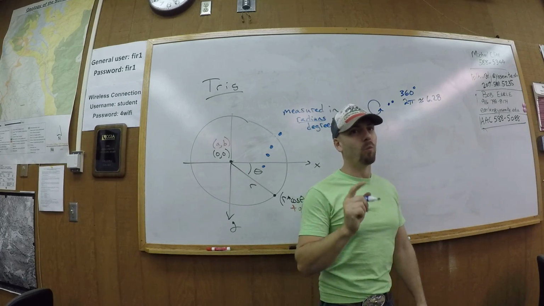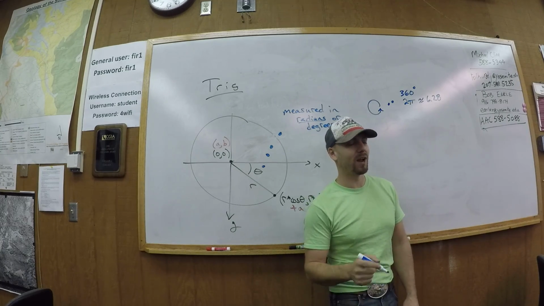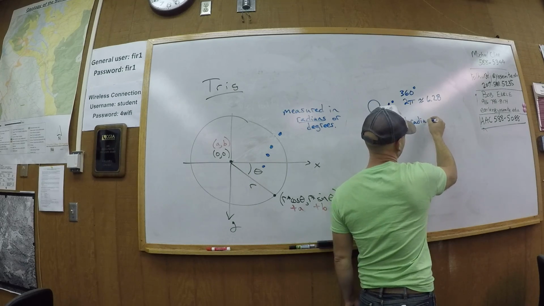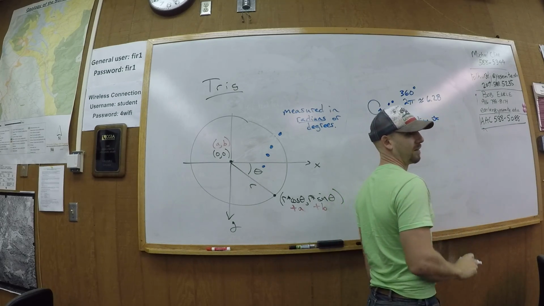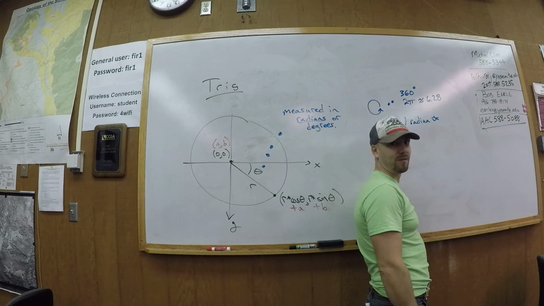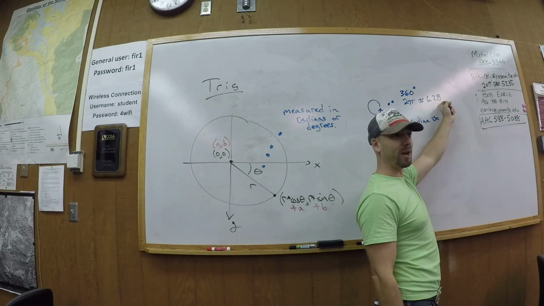So if you think, 1 radian is about how many degrees? Point is, 1 radian is about 1/6 of the way around the circle.